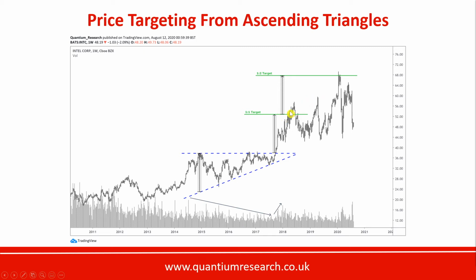You can also see that both targets were met. The 1-to-1 target point was met, and the 1-to-2 target point was also met. We also saw volume declining throughout the development of the triangle, shown through the blue dotted lines. Volume contracted throughout that period.